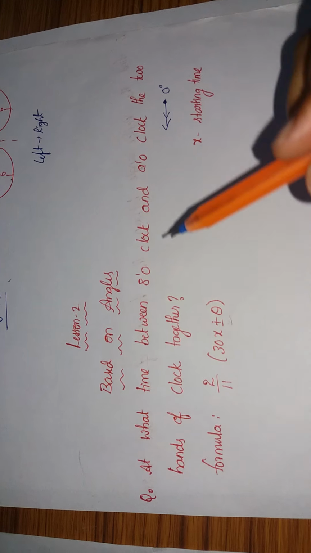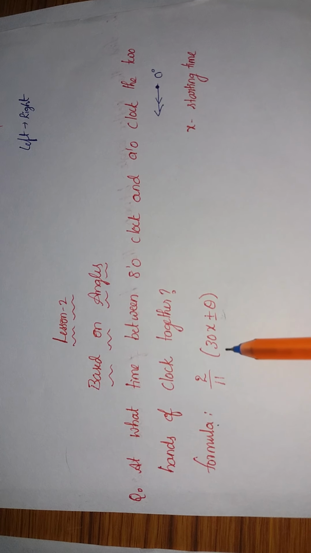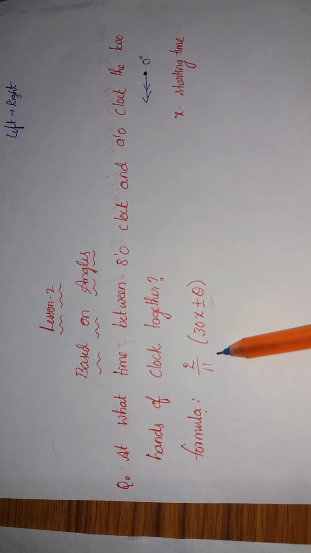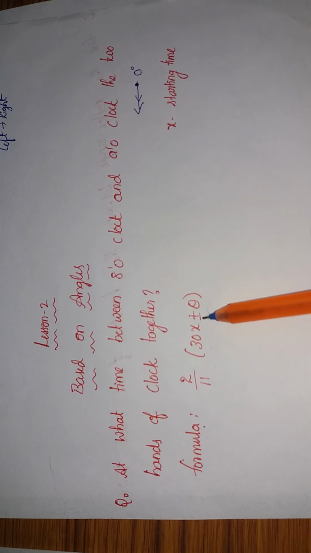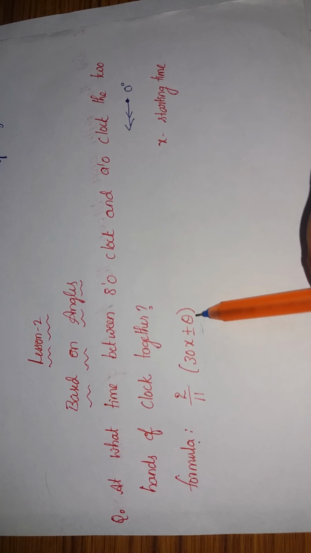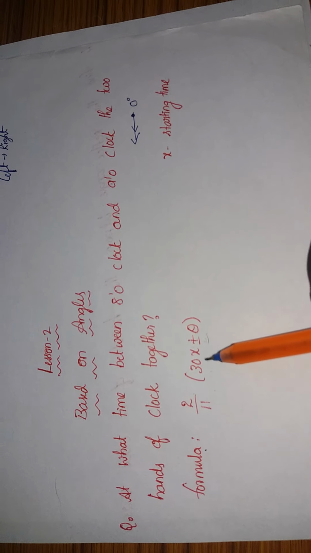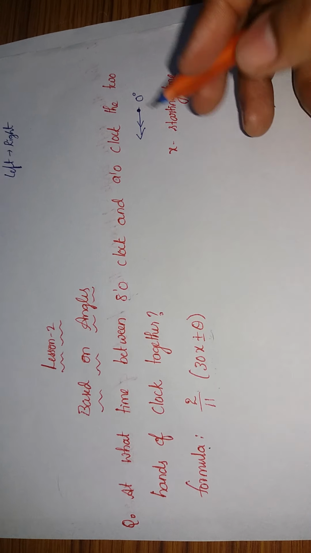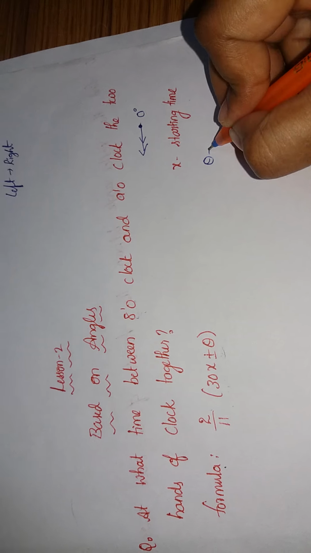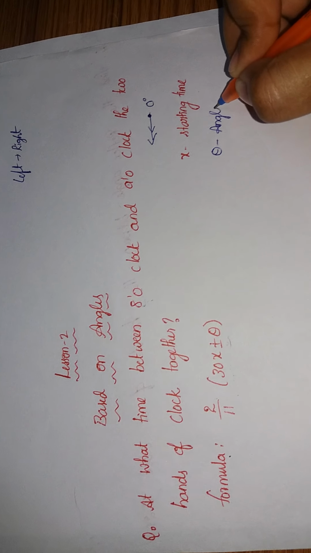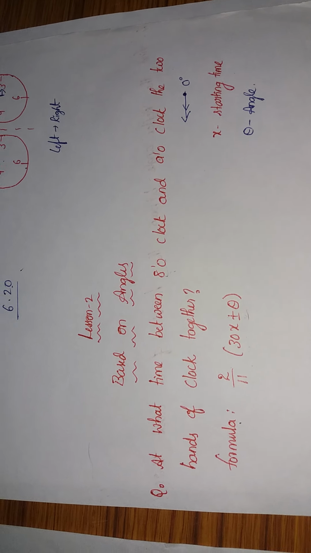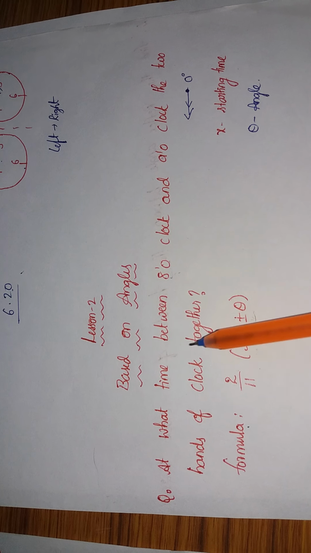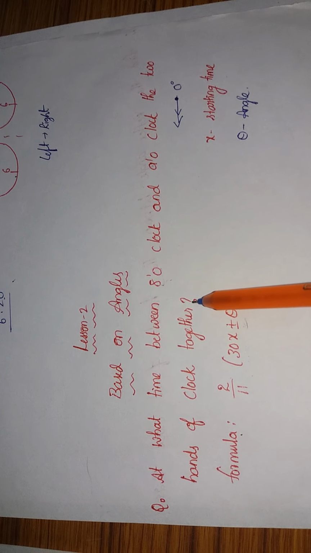This problem can be solved by using a small formula, that is 2 by 11 into 30x plus or minus theta. Here x is the starting time given in the problem, that is 8 o'clock, and theta is the angle. Here it is given that the two hands of a clock are together.